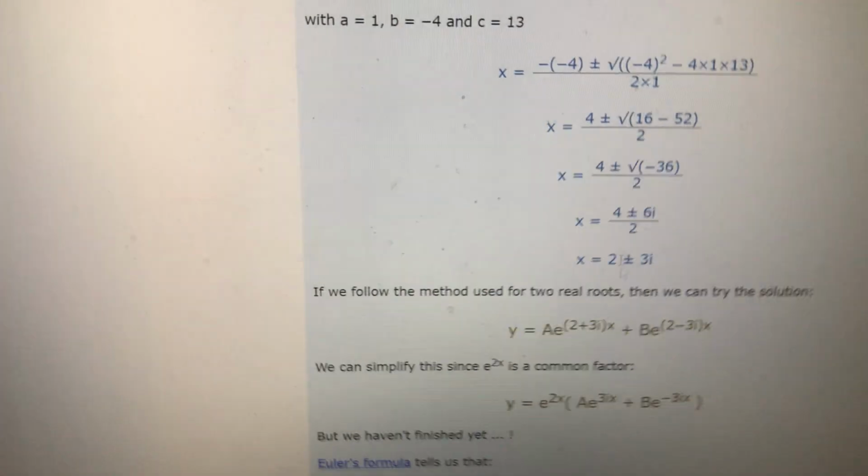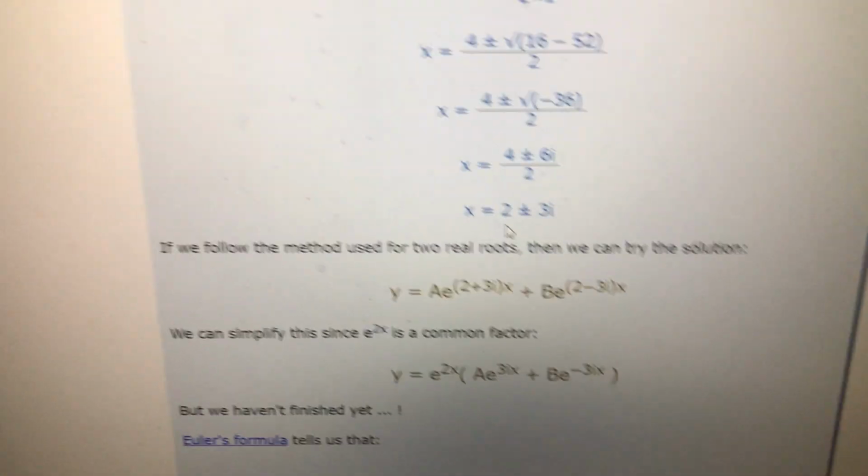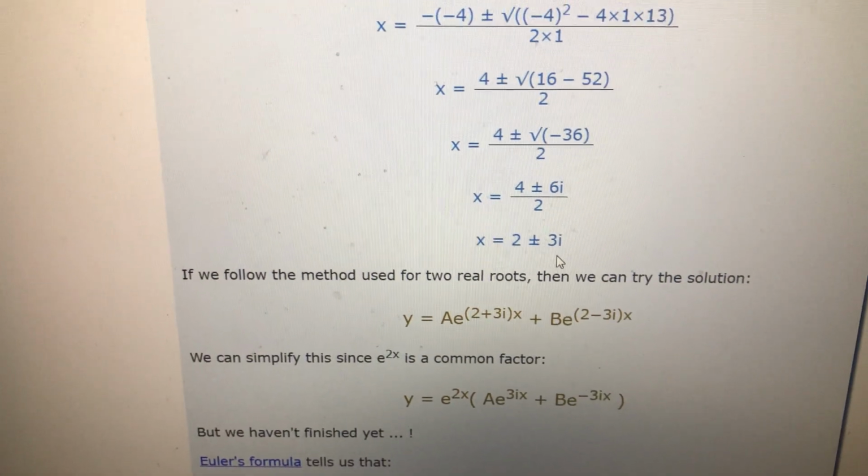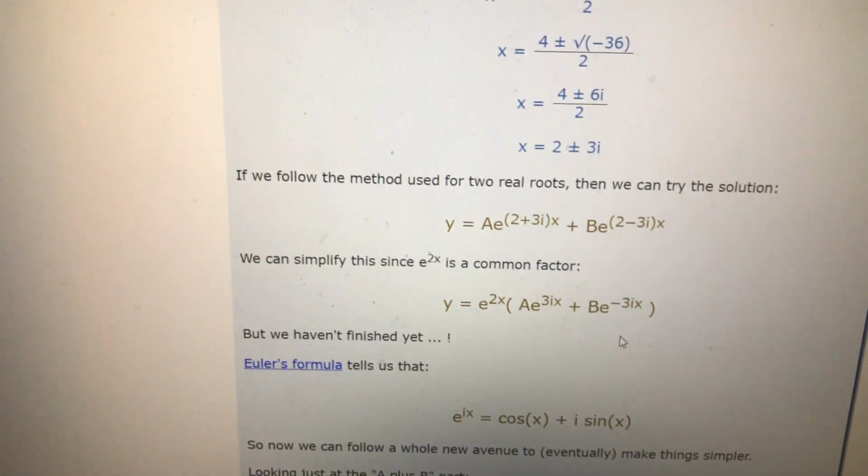When you solve for x, this term is going to be alpha, and this term here is going to be beta.